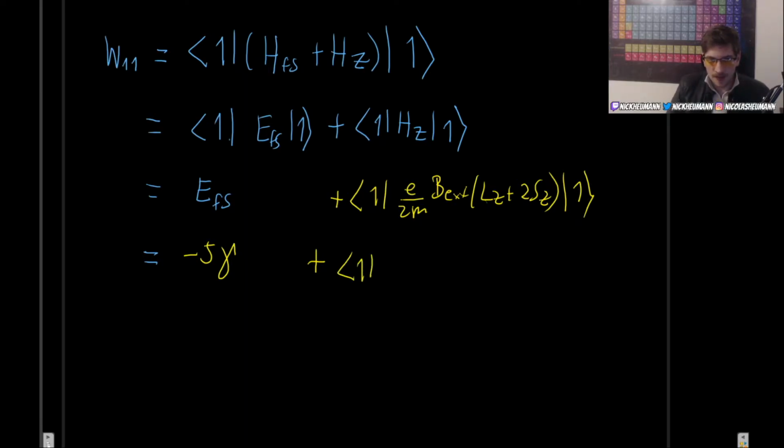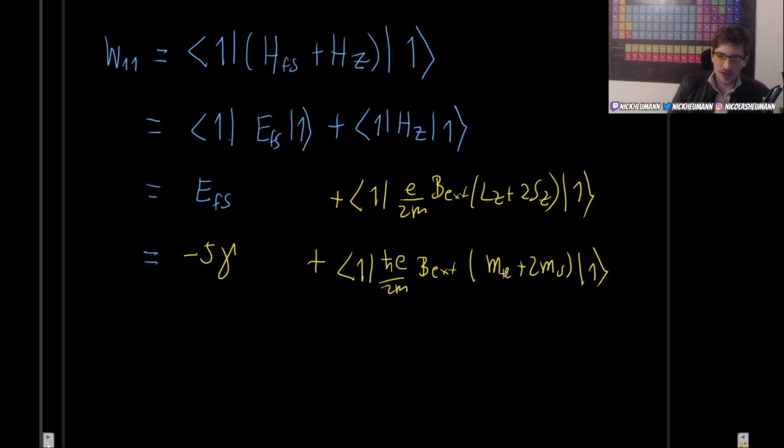Okay, so what are the operators Lz and Sz acting on state 1? Well, that's simply going to give us h bar ml and h bar ms. So we can take an h bar out. So we get h bar e over 2m times the external field, and then we get ml plus 2 times ms. Quite similar to something we have done in the past.